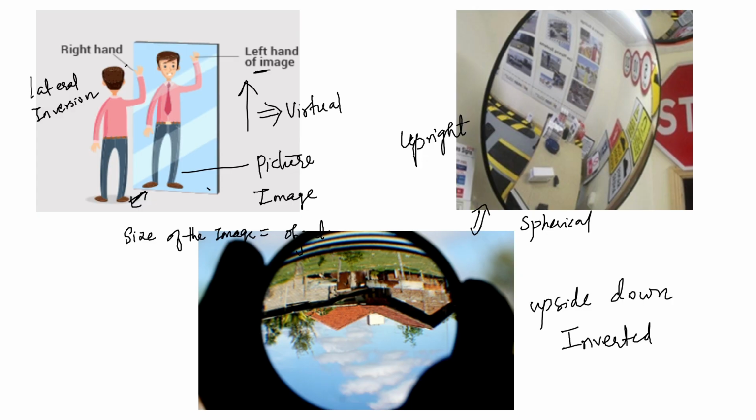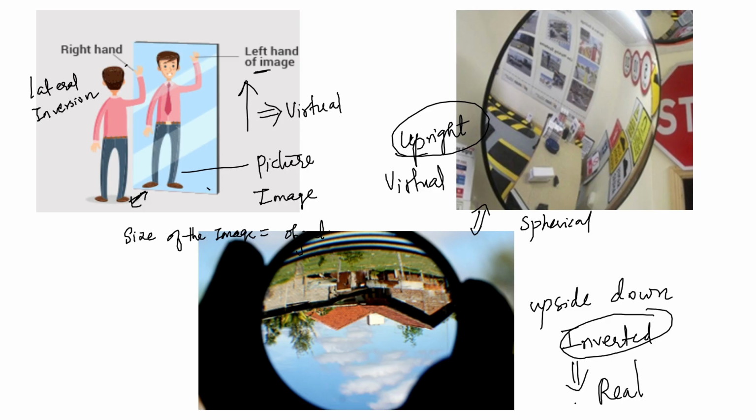So can you guess the two types of images we are going to discuss today? One is virtual, that is upright. Another is inverted, and inverted images are always real. So the two types of images we will discuss today are real image and virtual image.